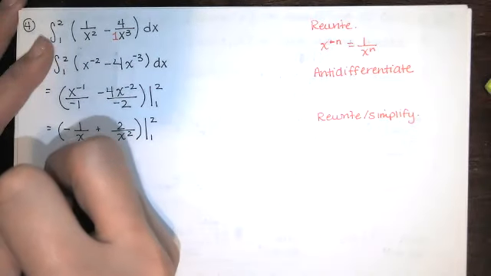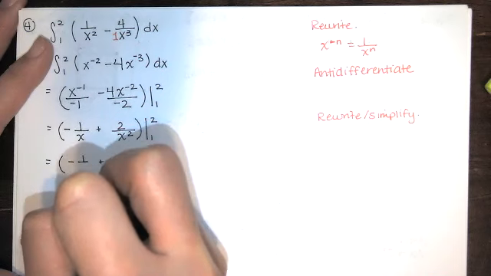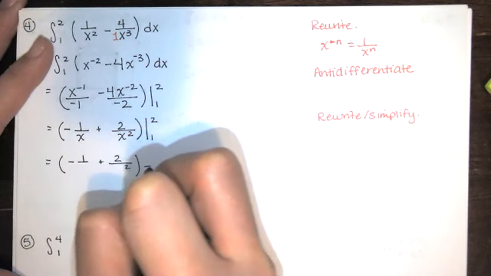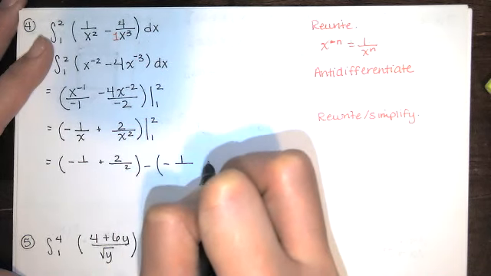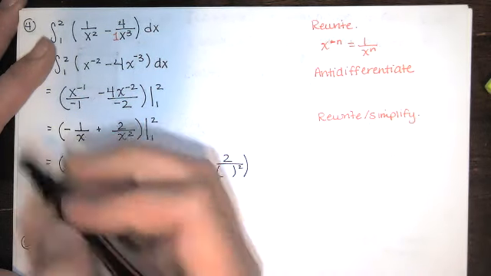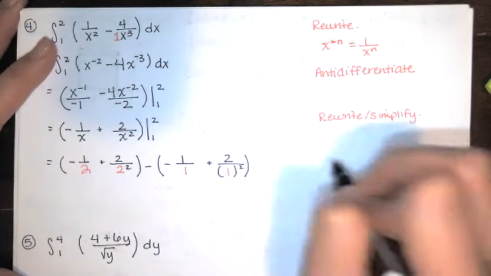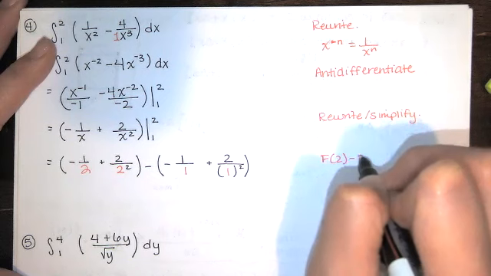Now I substitute in my upper limit and my lower limit and subtract. So I've got my antiderivative evaluated at 2 minus my antiderivative evaluated at 1.